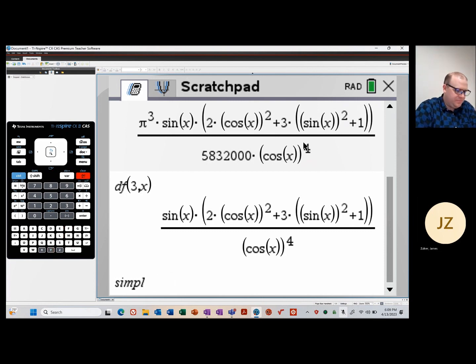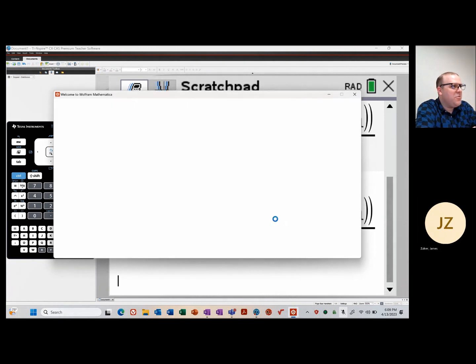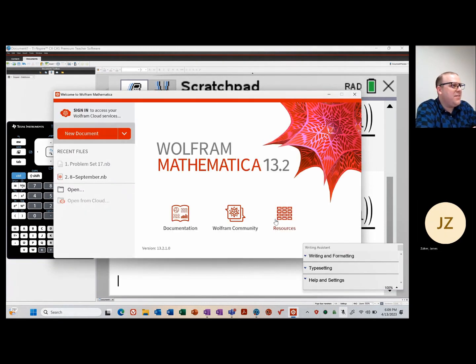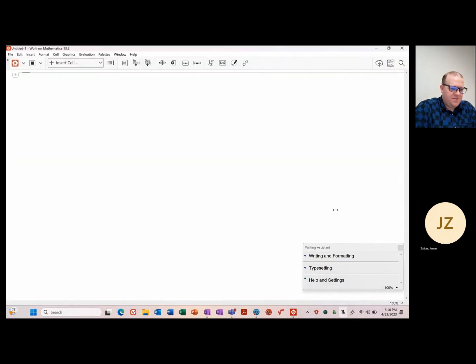Trig. Nope. Can you just have it plug in 0? I can, but that is more work than I want, because I can't define a function where it evaluates it at a point, not in the calculator. I could do it here.